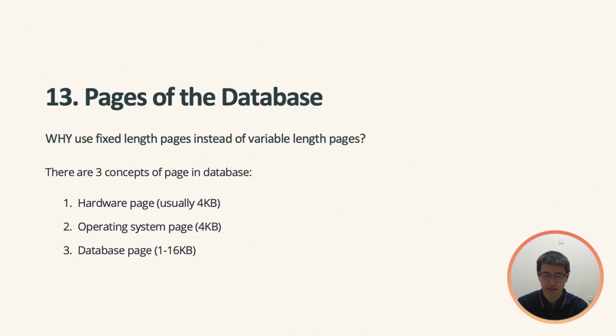Alright, let's talk about database pages. Most databases use fixed length pages instead of variable length pages. Why? It's mainly to avoid the engineering overhead required to support variable length pages. When a page's length is variable, the system needs to support varying lengths, which can be complex and costly in terms of storage management.